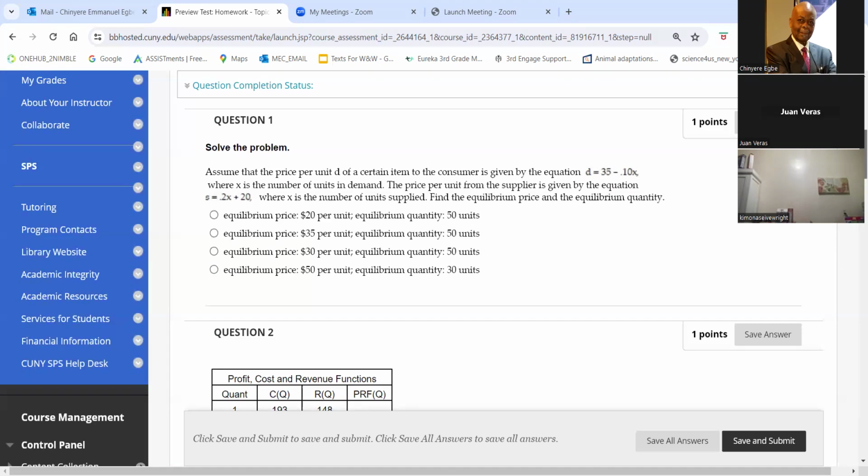All right, now this kind of problem, what you need to do: the equilibrium, when we talk about it in economics, in business, is where the quantity supplied is equal to the quantity demanded. Essentially, if you set a price of, say, $10 a piece, and buyers are willing to pay only 8, then you're not going to be able to sell as much.